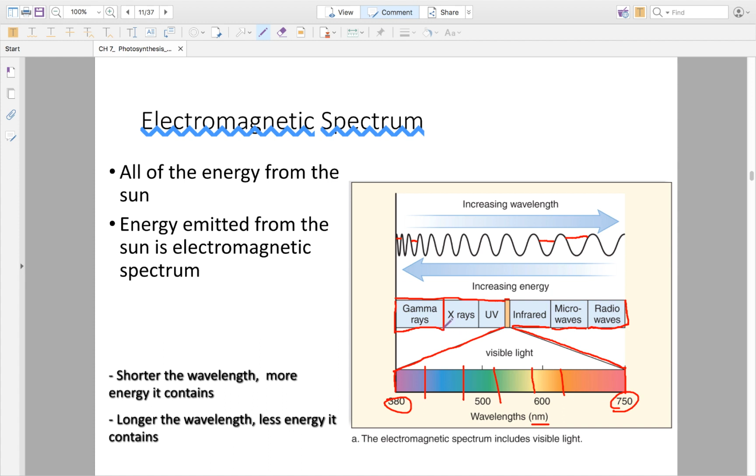X-rays can do the same, and so can UV light. Overexposure to X-rays, overexposure to UV light, and that's the bottom line. Infrared, micro, radio waves, they're bigger, but they have less energy. So if you see these two arrows, increasing wavelength this way, and increasing energy as we get smaller.